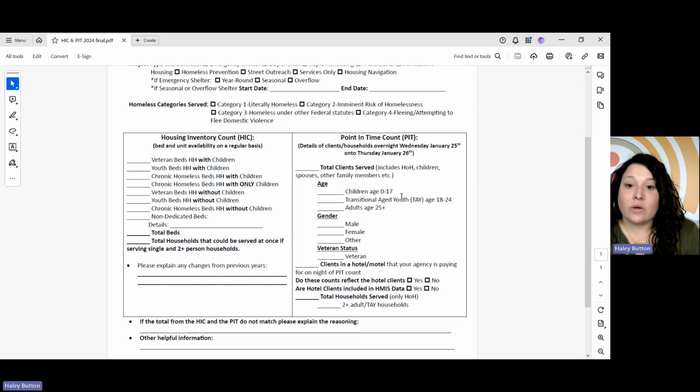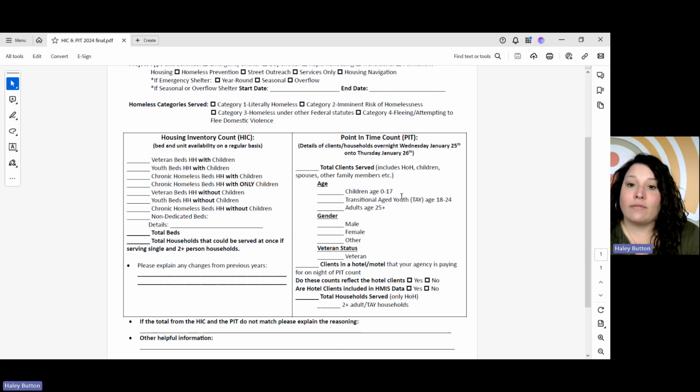If you do have clients in hotels, are these numbers indicated and including those hotel people? And are your hotel people included in HMIS with enrollments, exits, service nights, such as that? If they are not, or we have a few questions, then we are probably going to reach out with you for a little more clarity.